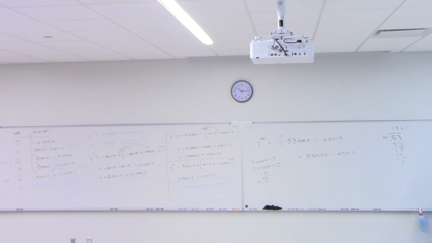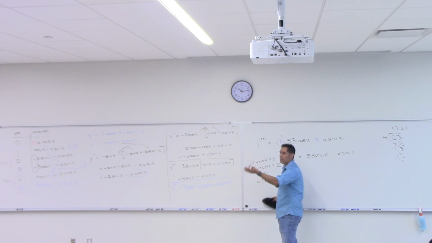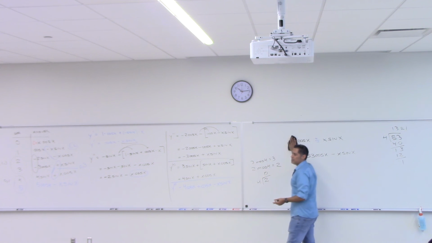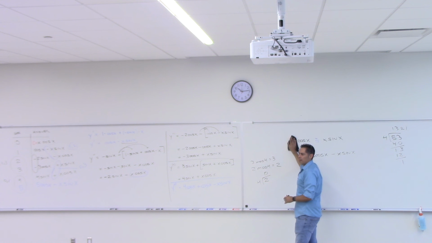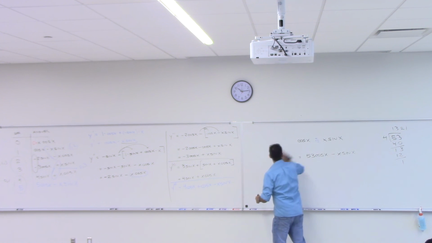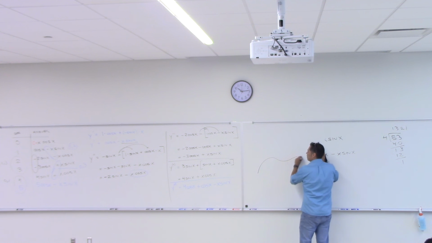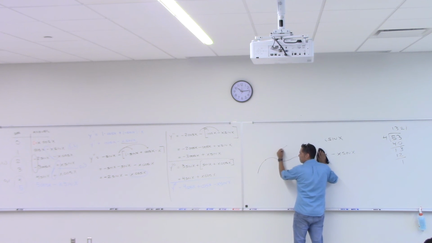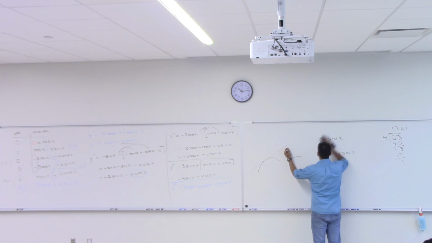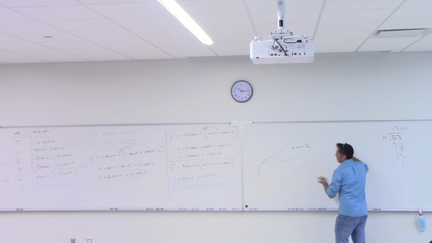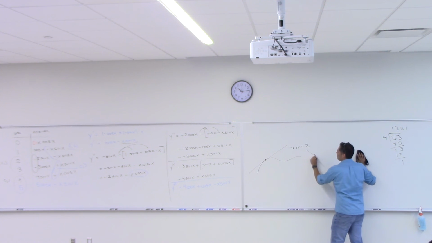Was it number 1 on those that said something about finding the normal line? Nobody's asked me about the normal line in here, except some people came to my office and asked about it. On your homework, it asks you for the equation of the tangent line and the normal line. All a normal line is, is the line that's perpendicular to the tangent line. Let's say you do a problem and you have this tangent line with a slope of 2, and you know this point, so you come up with the equation.